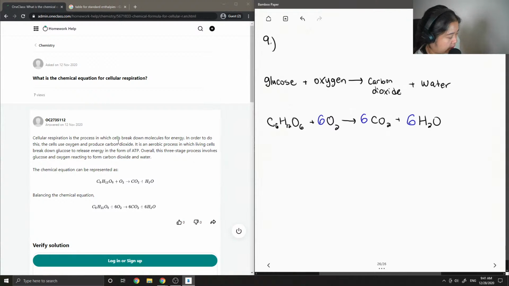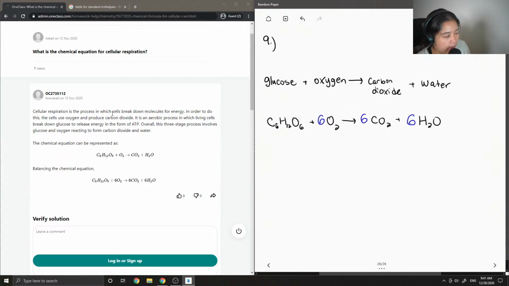Okay, so the junior tutor said that cellular respiration is the process in which cells break down molecules for energy. In order to do this, the cells use oxygen and produce carbon dioxide. It is an aerobic process in which living cells break down glucose to release energy in the form of ATP, which is adenosine triphosphate. Overall, this 3-step process involves glucose and oxygen reacting to form carbon dioxide and water.